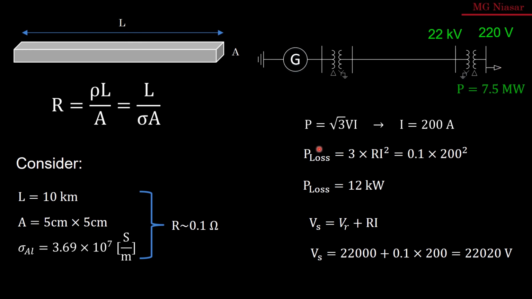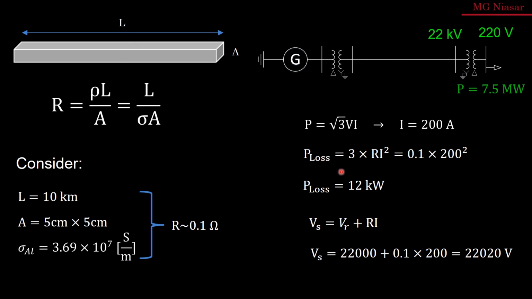In this case, if we calculate the current through the line, we see that the current would be only 200 amps. And if we calculate the losses, we see that the losses are 12 kilowatts. So we deliver 7.5 megawatts and the losses in the transmission line are only 12 kilowatts, which is very acceptable.